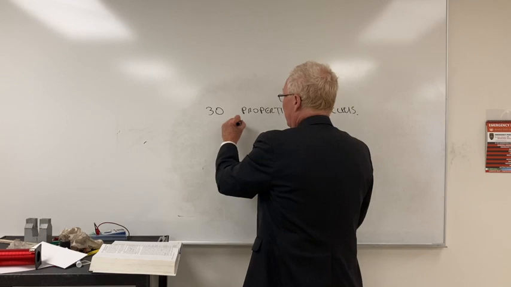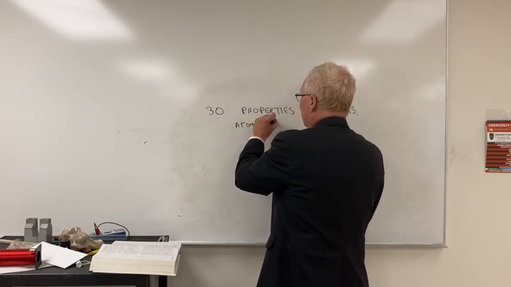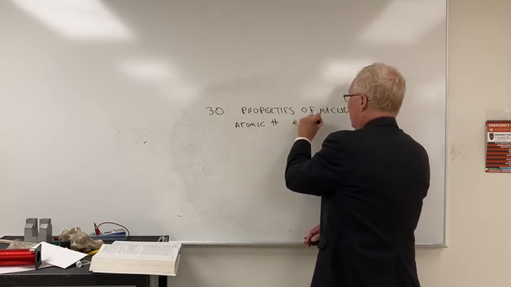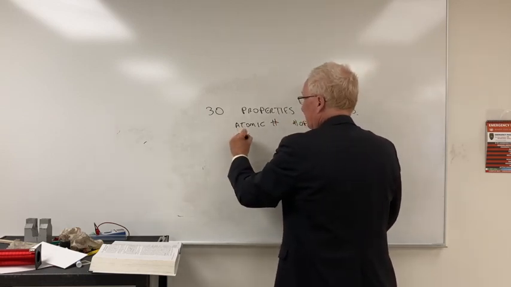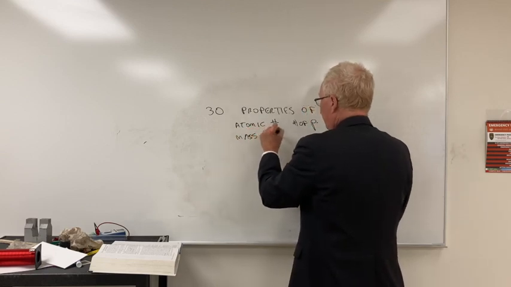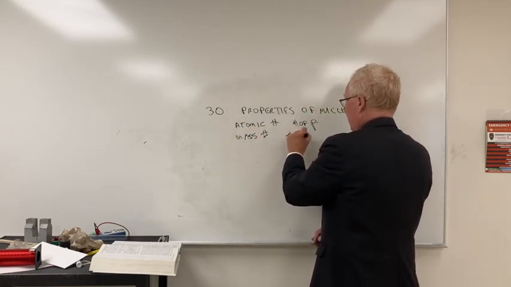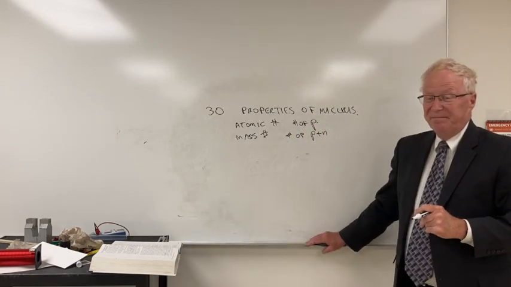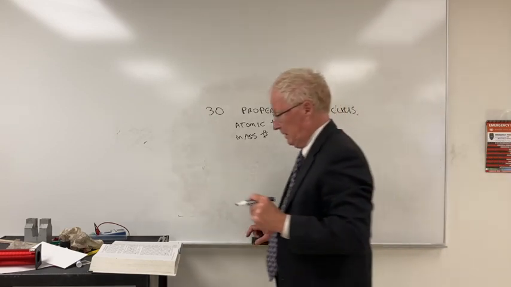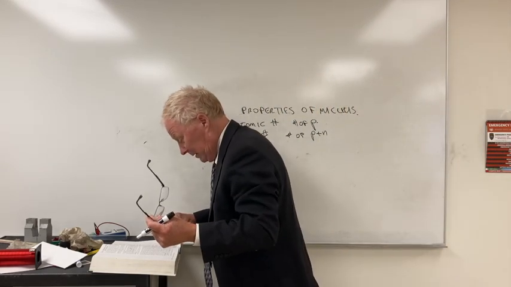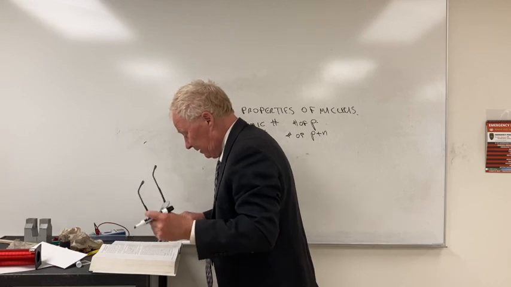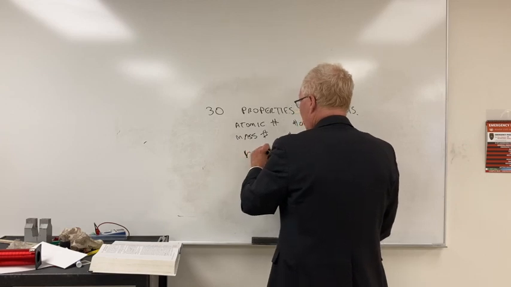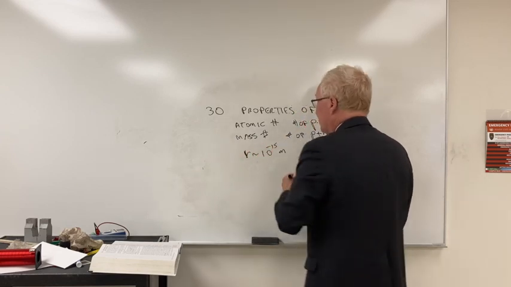In that case, we have atomic number, the number of protons. Then we have mass number, which is the number of protons plus neutrons. And the radius of the nucleus is approximately 10 to the minus 15th meters.